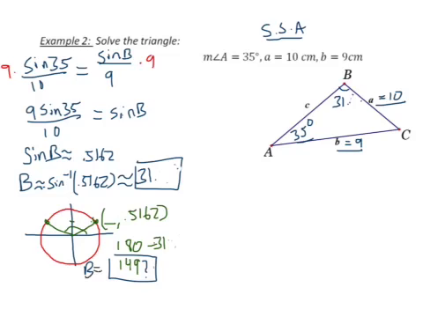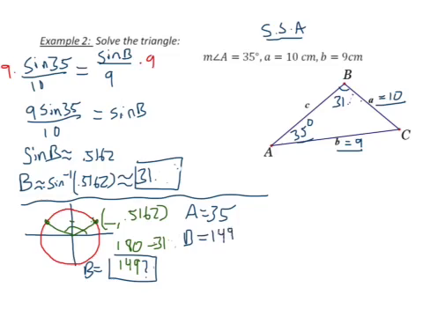Well, if that was the case, then A is 35 and B is 149. If you add those two angles to try to find out what C is, we get 149 plus 35, and that's going to give us 184.